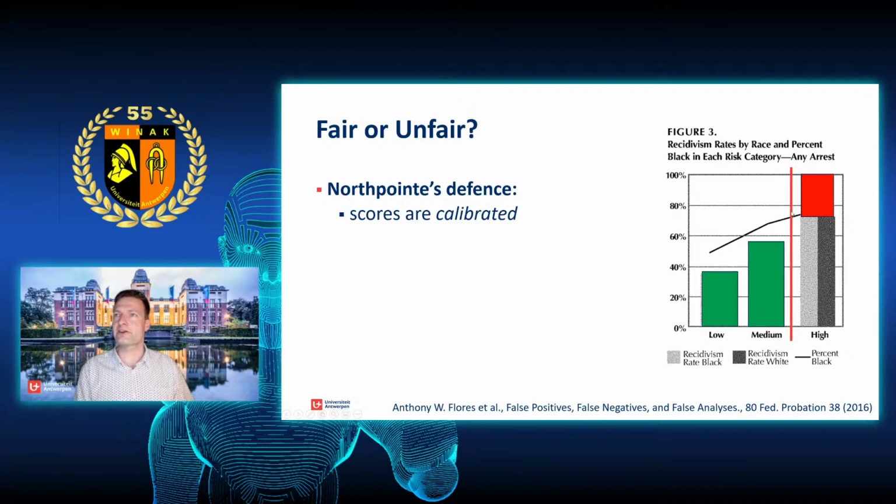And so that's what's depicted here. The red ones are the errors which are at a disadvantage, and all the errors that are at the disadvantage of the people are in the high risk category group, and all the ones which are at the advantage of the person are in the low and the medium risk group. And now, where does the difference come from? Because black people are overrepresented in the groups that get this negative error, and white people are more present in the groups that get a more positive decision than what they deserve.